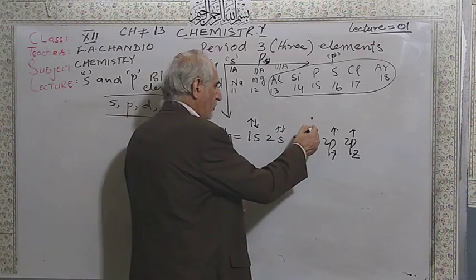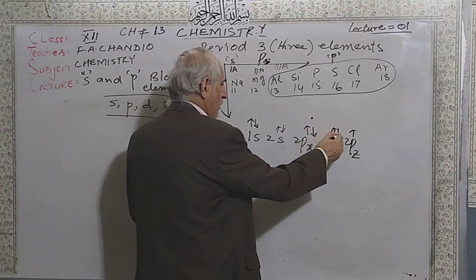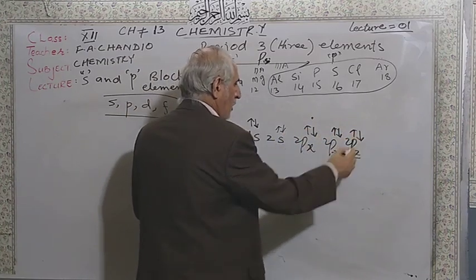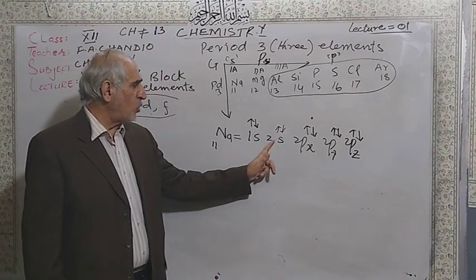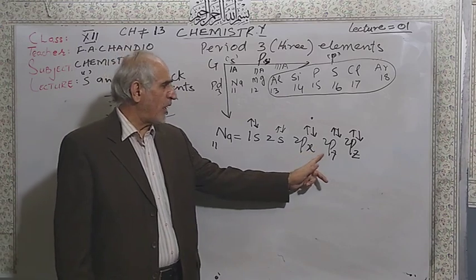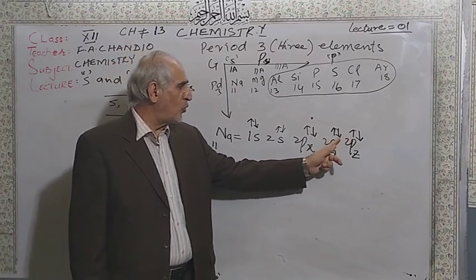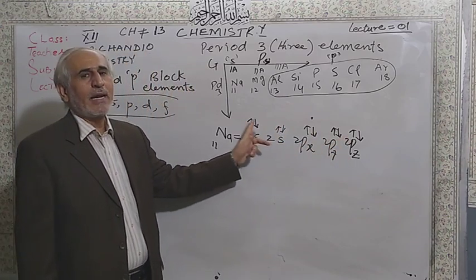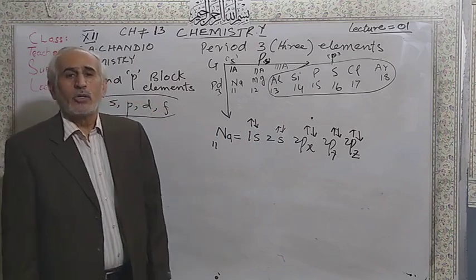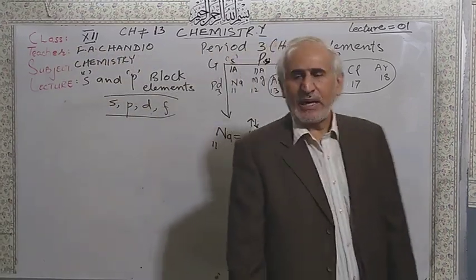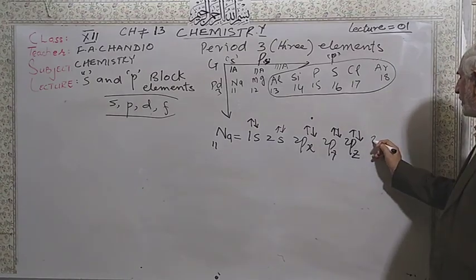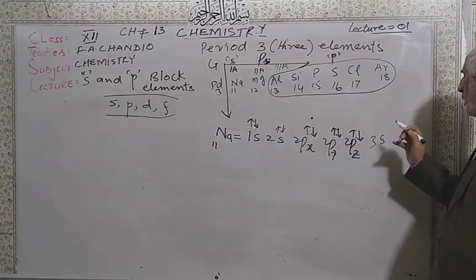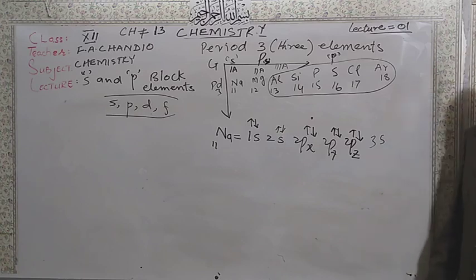So you have to write like this: 1s2, 2s2, 2px2, 2py2, 2pz2, 2 and 2, 4 and 2, 6, 8 and 10. So after completion of 1s, 2s, 2p, then 3s.